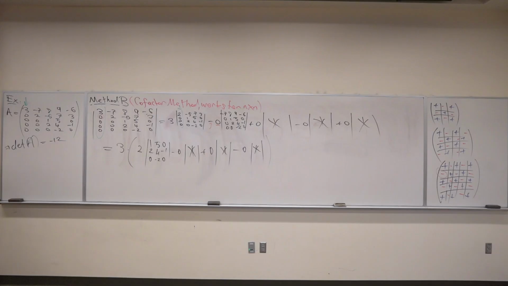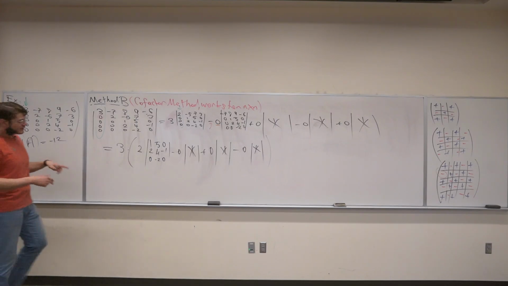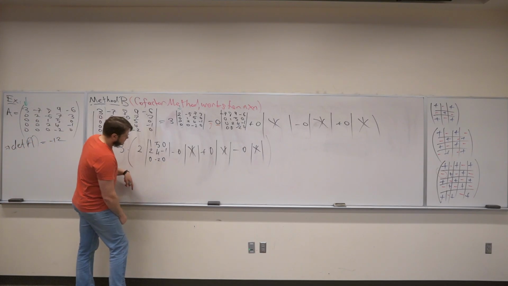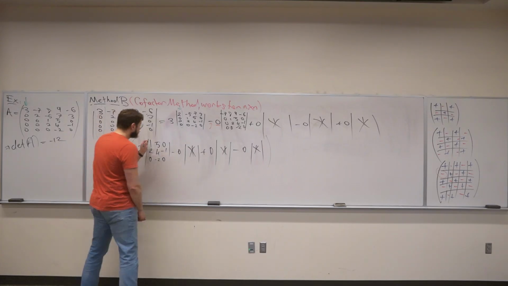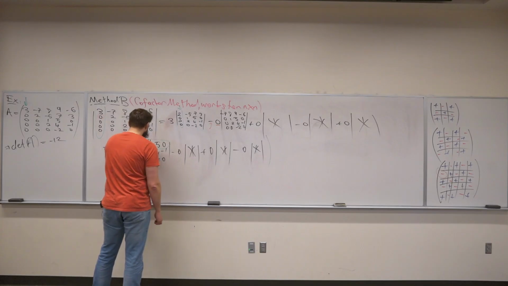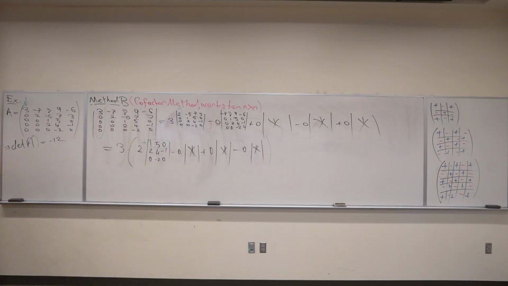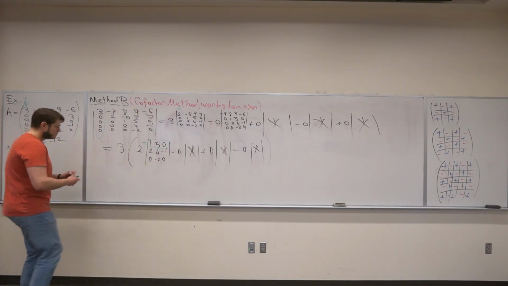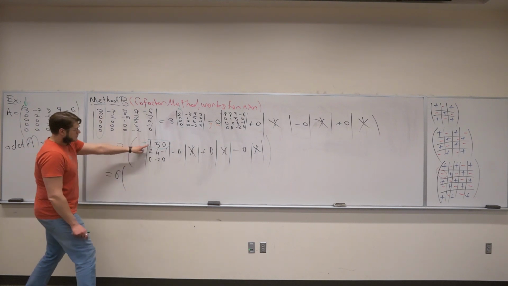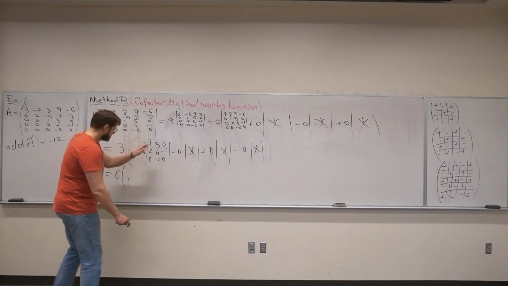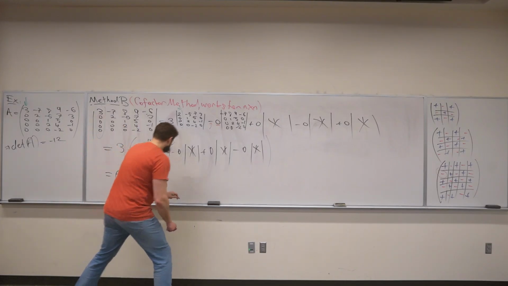Now at this stage you can use one of the rules for 3 by 3s, or you can still keep going with this cofactor method. This is small enough for me to do it. What you can do is use this third column. For some change, let's try to use this guy. So now I have 6 here, open paren, 1 minus 5 plus 0.